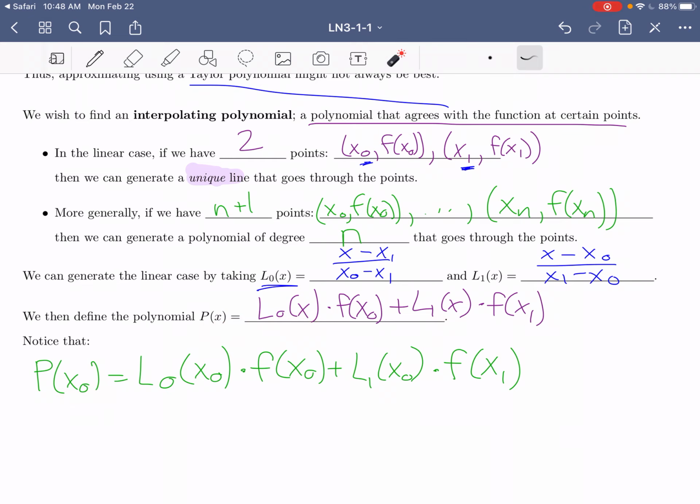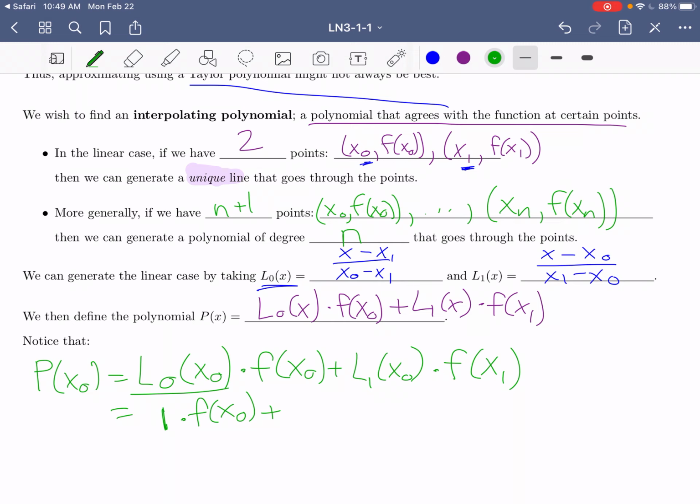What happens when we evaluate those? So what is L0 of x0? Remember, L0 of x0 is this. So we're replacing this x with x0. So we have x0 minus x1 over x0 minus x1. So regardless of the values of x0 and x1, that's going to come up 1 absolutely every time, times f of x0.